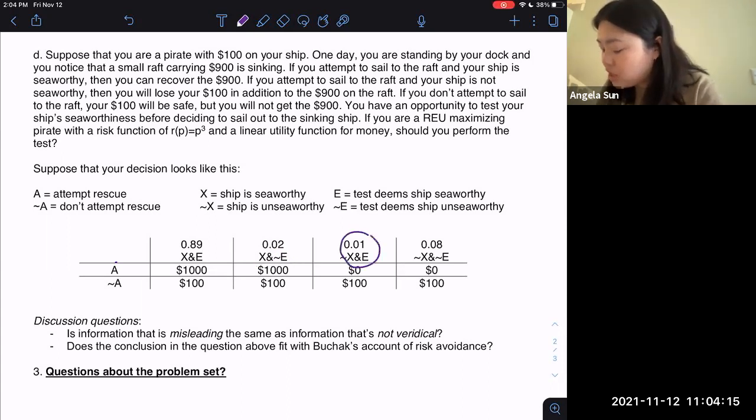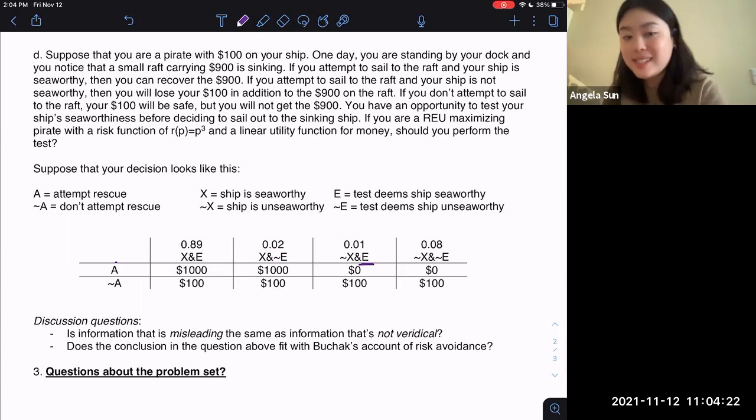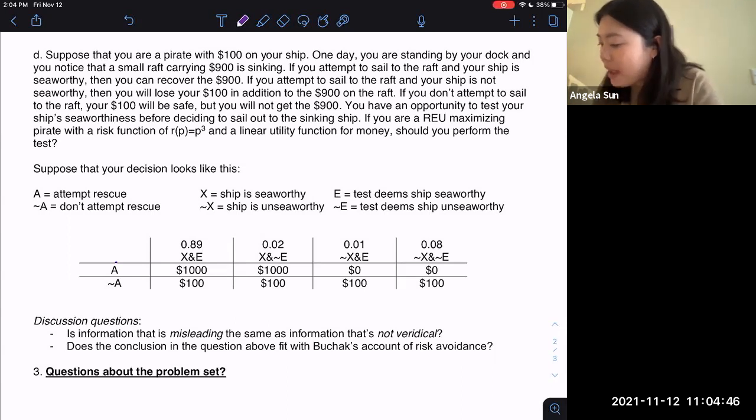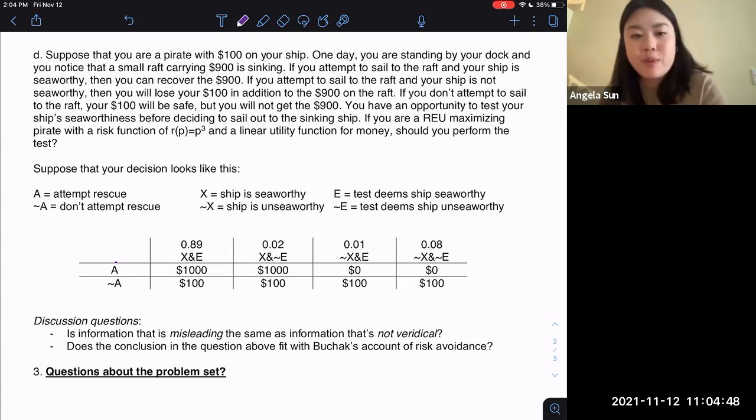And there's a 1% chance that the test will give us a false positive, so a 1% chance that the test will tell us that the ship is seaworthy when in fact it's not seaworthy. And it's going to turn out that this incomplete reliability of the test is what makes risk-weighted expected utility maximizers fail to obey Good's theorem in cases like this.